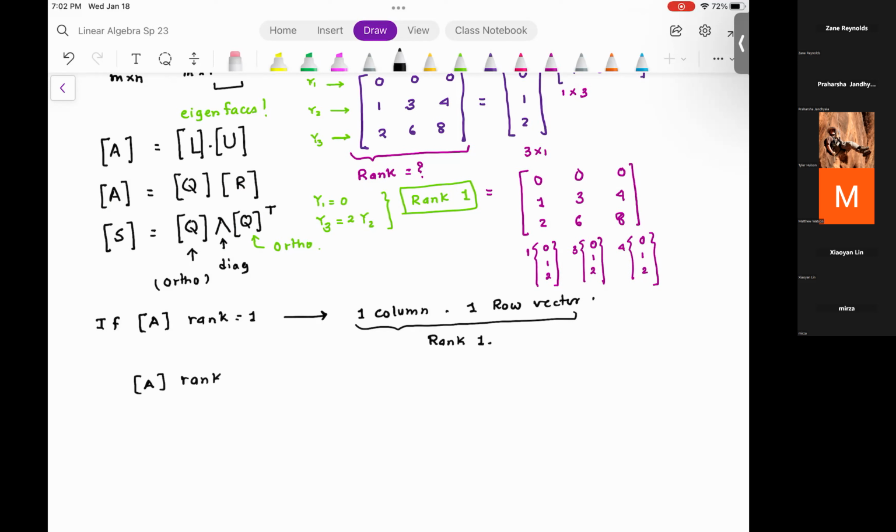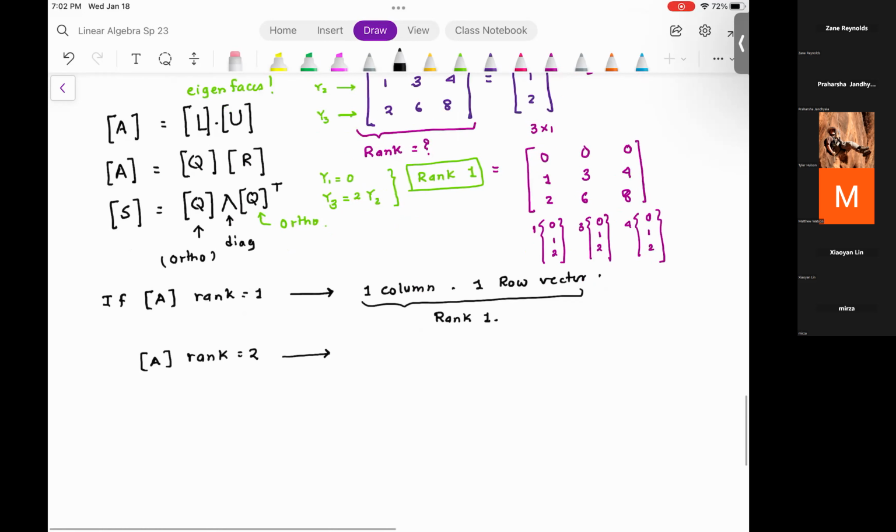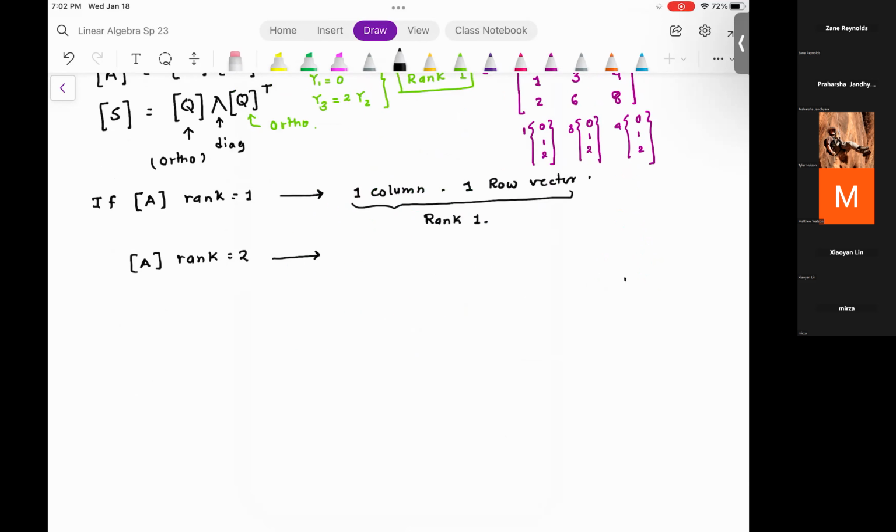If a matrix has rank equal to 2, then it can be represented as a combination of two rank 1 matrices. So this is one column, one row. This would be a matrix with rank 1, and you will need one column, one row. This is rank 1.